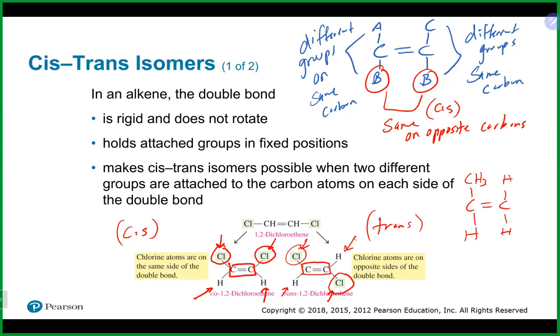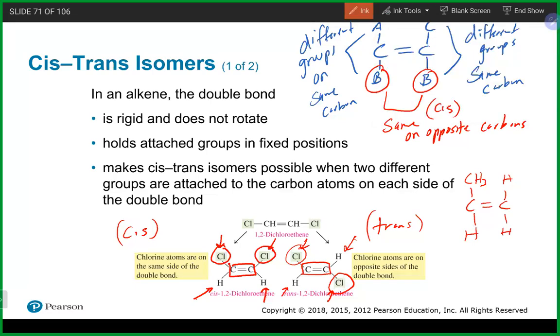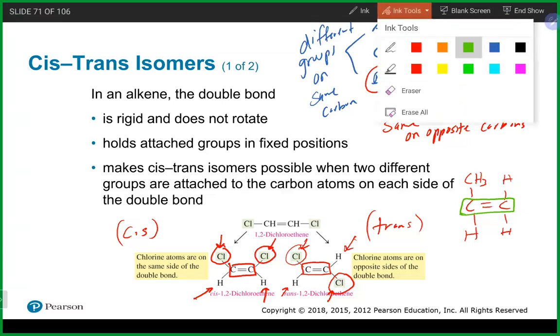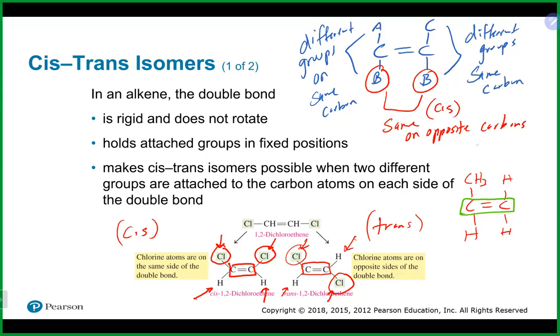So let's see why it cannot. It cannot because, although we definitely have a double bond here, when we look at each of the carbons in the double bond, we need to make sure we have different groups. This guy and this guy are different, so that's good. But there is a hydrogen that is the same on the same carbon.